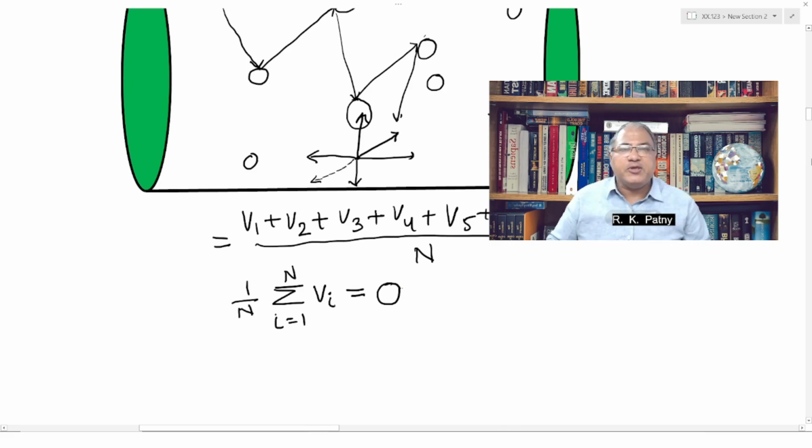Therefore, when we are heating a piece of metal, electrons have an average velocity equal to 0. Therefore, there is no electric current when we are heating a piece of metal. There cannot be an electric current if we are heating the piece of metal.